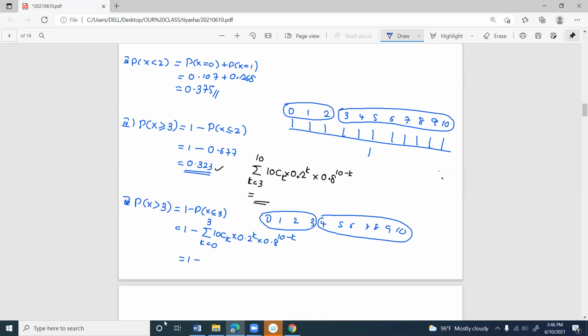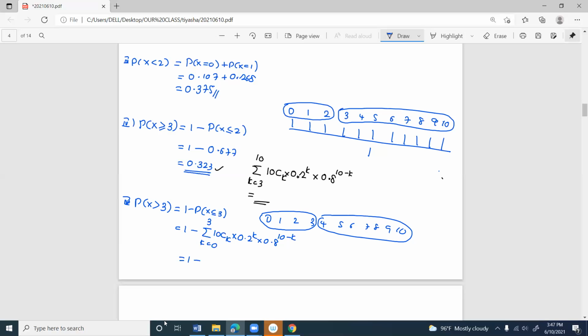This is 1 minus, this is a notation for that. Summation from 0 to 3 of 10 C x times 0.2 to the power x into 0.8 to the power 10 minus x.